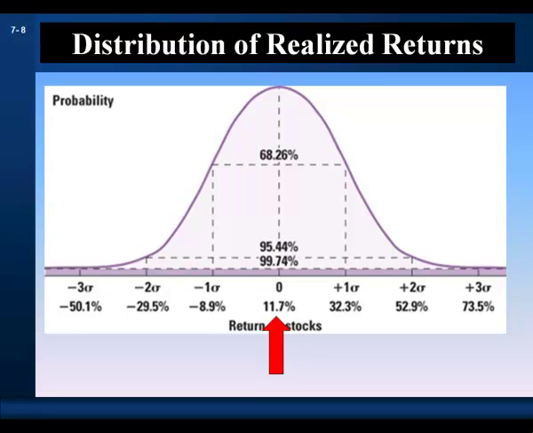The standard deviation for the common stock portfolio is 20.6%. 68% of the distribution's returns fall within one standard deviation on either side of the mean. 95% within two standard deviations. 99% within three standard deviations.